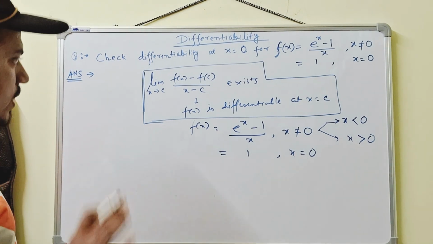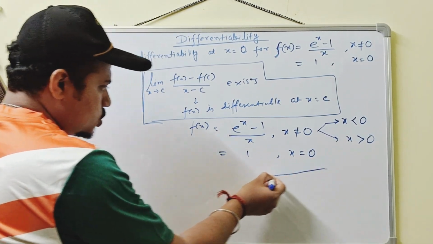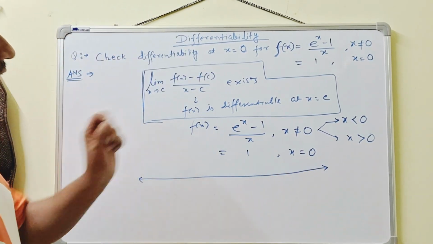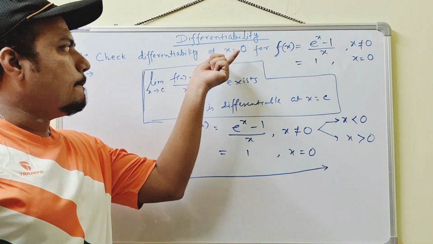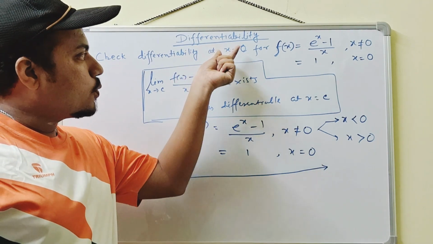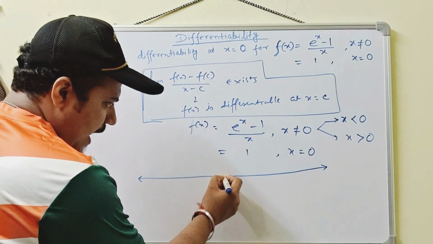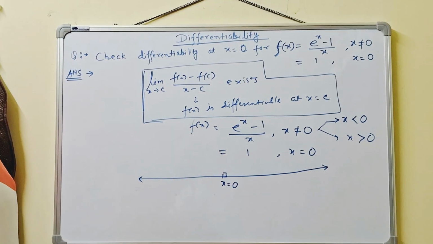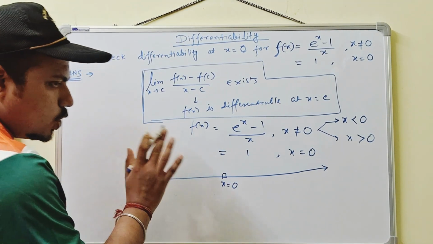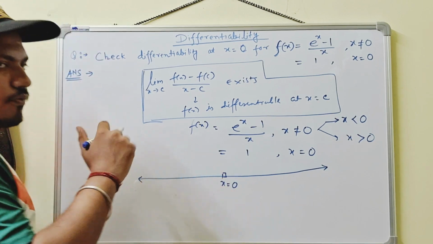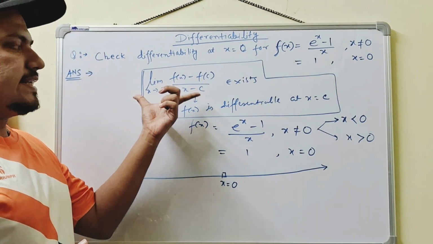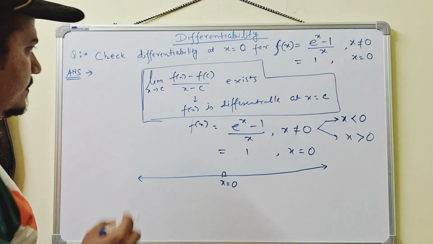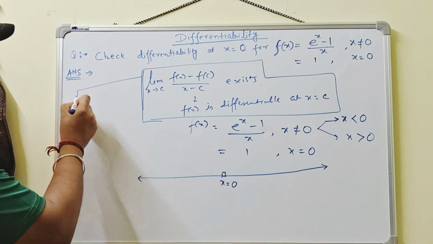So this is the basic form. Now comes one very important diagram. Draw one number line, and you have to check on the point x equal to 0, so put x equal to 0 on your number line. First of all, for this limit to exist, the left hand derivative must equal the right hand derivative.